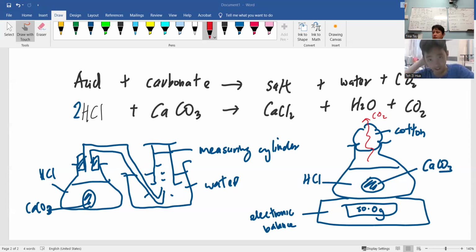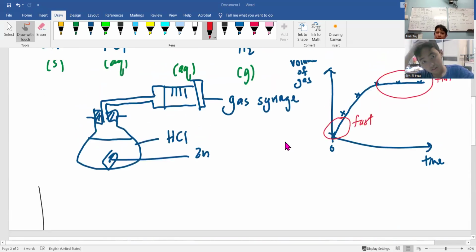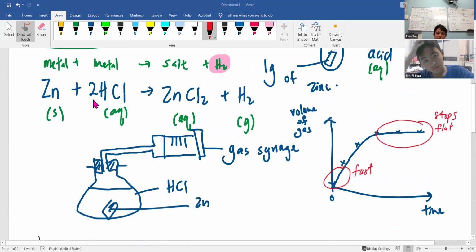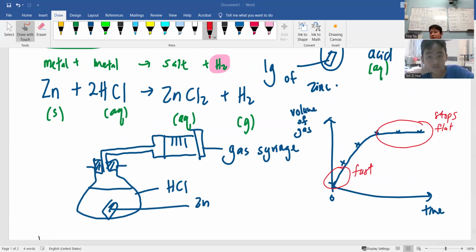Now, look back at this equation. Remember this one I showed you just now? Do you think I can do this one, the mass loss one, for this chemical reaction?